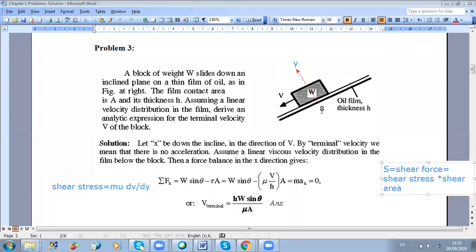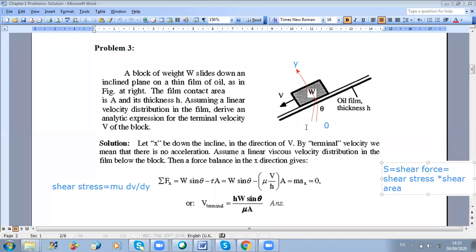So from this point, it's 0 until this point. Here we have velocity at this point equal to 0, while the velocity at this point here is equal to V.